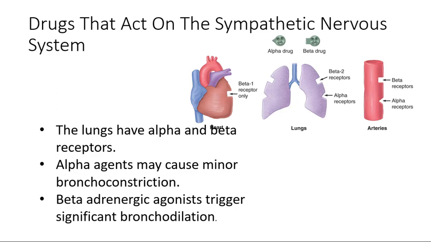When we're looking at beta agonists, they can also bring about really, really good bronchodilation, okay? We typically don't give a beta agonist to bring about bronchodilation. There are other better drugs that we can use for that, but it comes into play there.